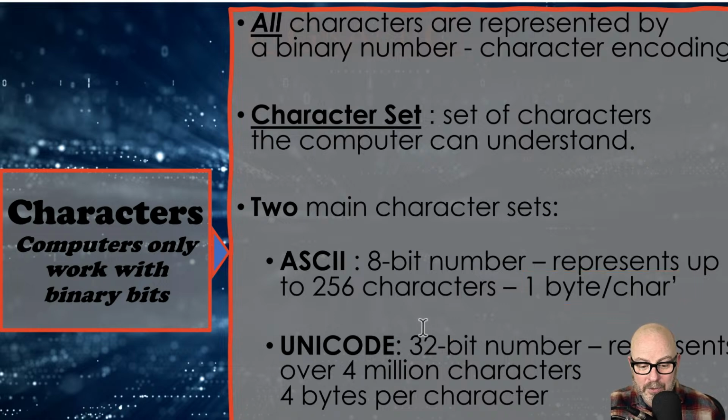Whereas in Unicode, it's a 32-bit number, and it means you've got 4 bytes per character. So it's more memory intensive. It takes up more memory, but it means that you can represent over 4 million characters, which is more than enough for any language, every language on planet Earth, plus any that might get written over the next 1,000 years. Okay, so Unicode is the one that is generally used.